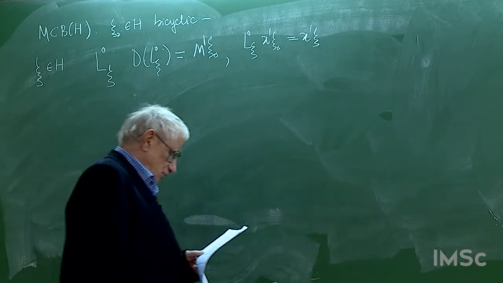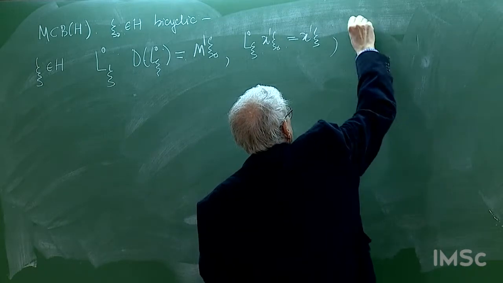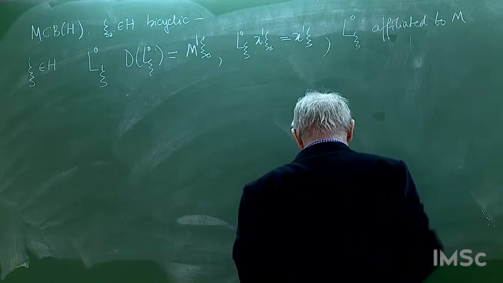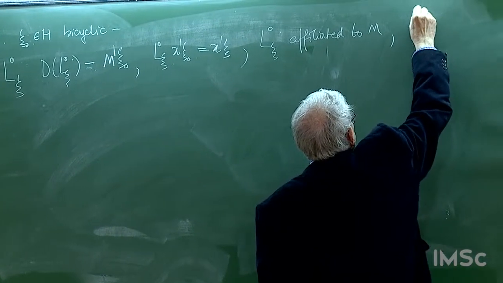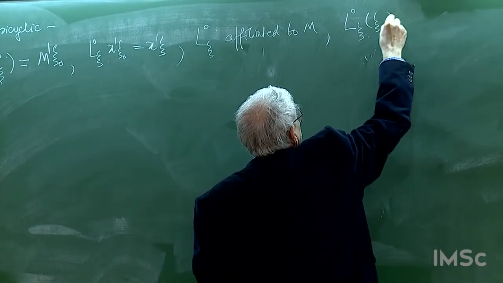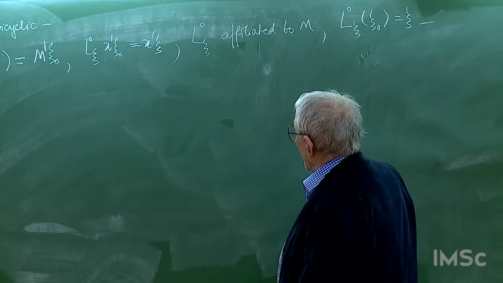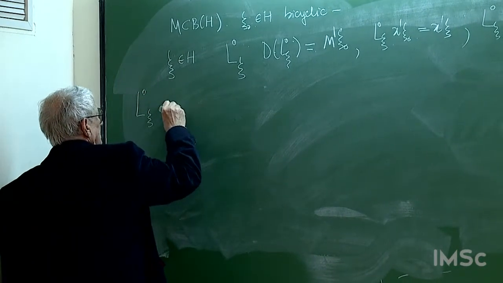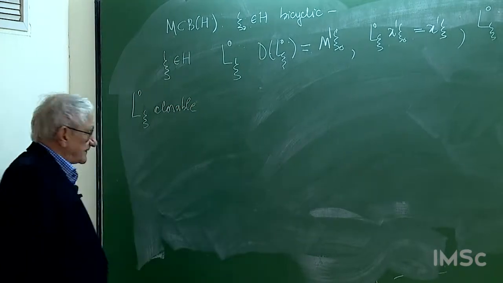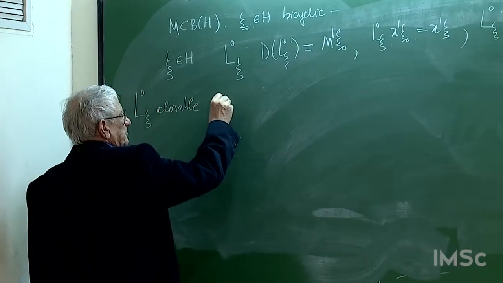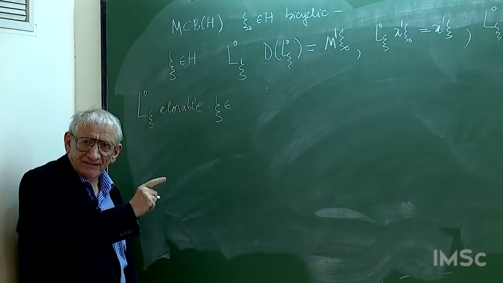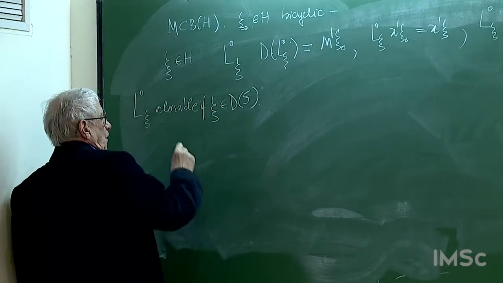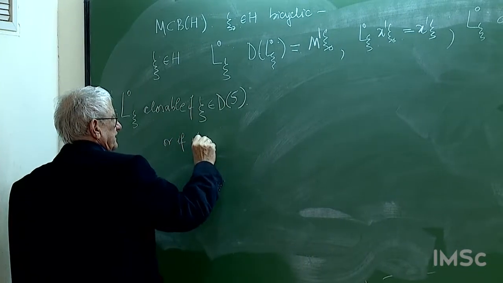And what we know is that this operator L psi zero is affiliated to M. And moreover, L psi zero of psi naught is equal to psi. Now, this operator L psi zero is closable. We have seen it. It's closable if psi belongs to the domain of F star. It was at that time. But now we know that F star is S. It's closable if it is symmetric.